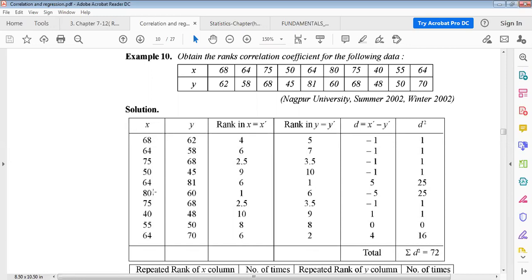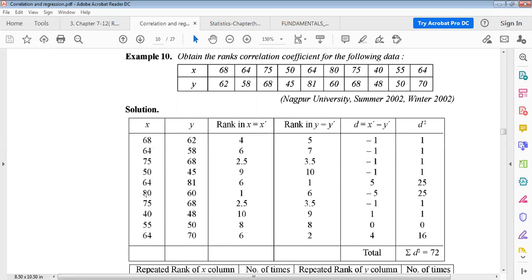After 80, which is the highest value? 75. How many 75s are there here? Two 75s. So ranks 2 and 3 are given to both of the 75s.